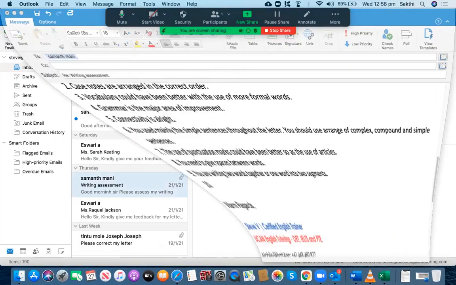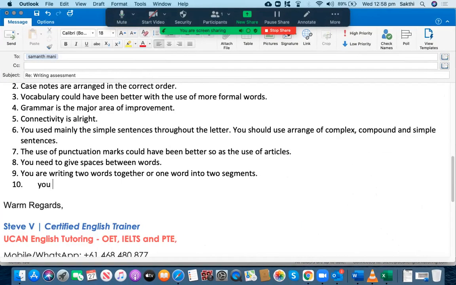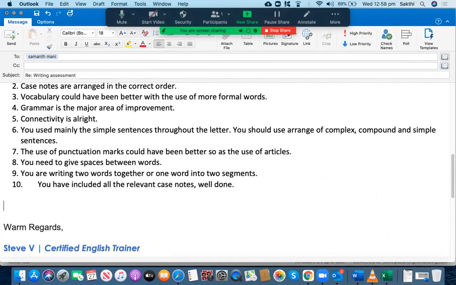Let's go through the next one. So you have included all the relevant case notes. Well done. Okay, now let's go to the score. This letter may be able to get C plus.